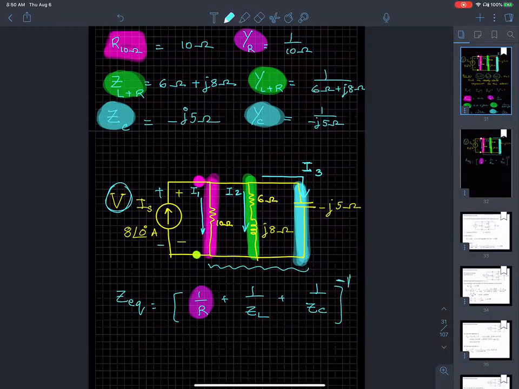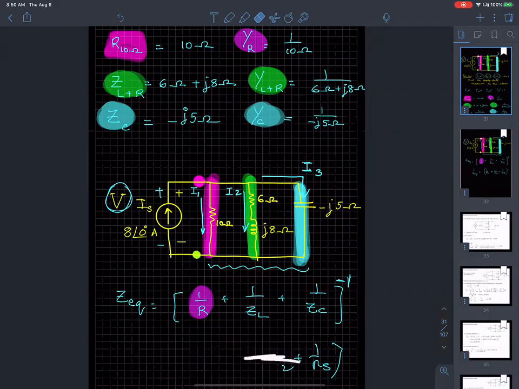See, for three parallel resistances, R equivalent is equal to 1 over R1 plus 1 over R2 plus 1 over R3, the whole inverse. Or in other words, 1 over R equivalent of three resistances in parallel is the sum of reciprocals. That's exactly the theory I'm using here.